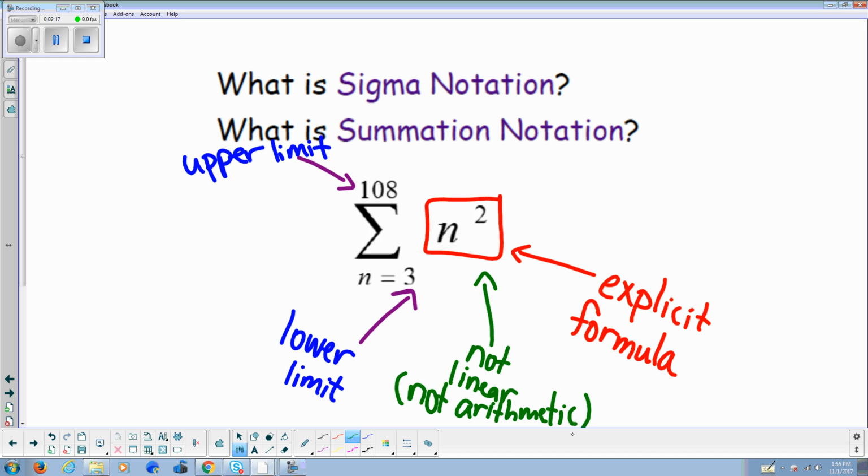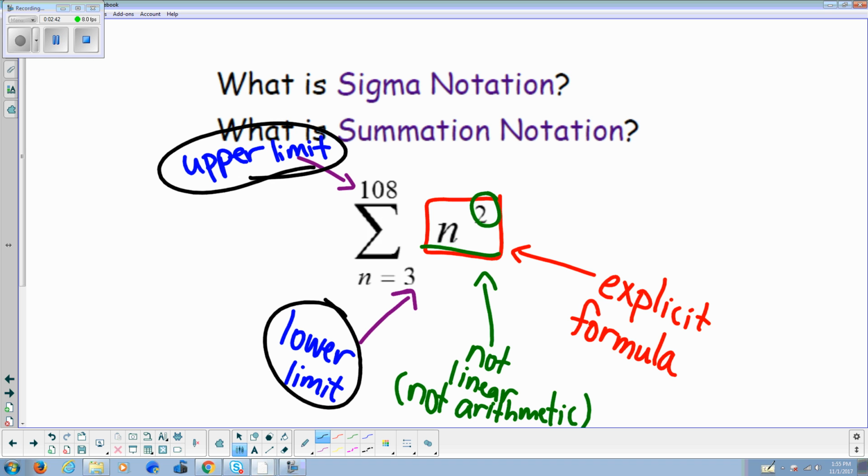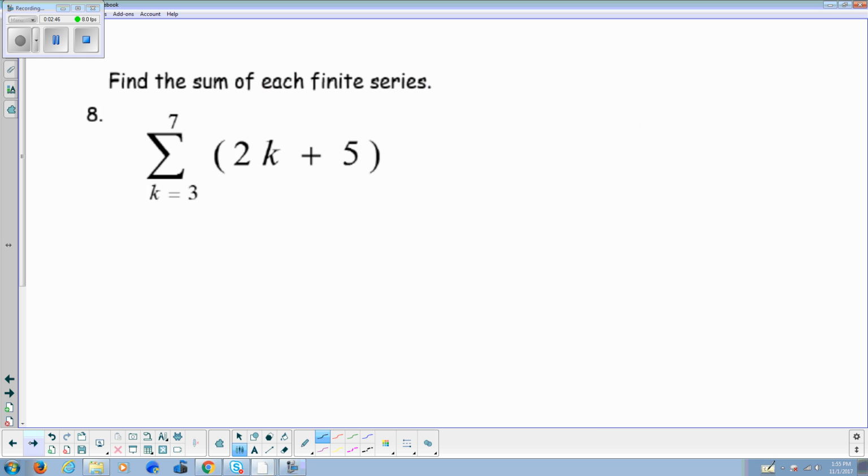That is simply because there's a higher power than 1 in it. So this is not from an arithmetic series. The examples we will do in this lesson will be from an arithmetic series, so you'll see a linear term where the highest exponent will only be 1. So again, our parts include our lower limit, our upper limit, and an explicit formula to describe the series.